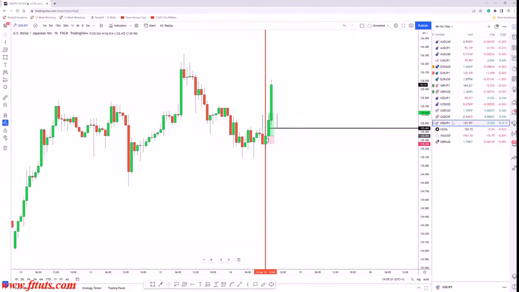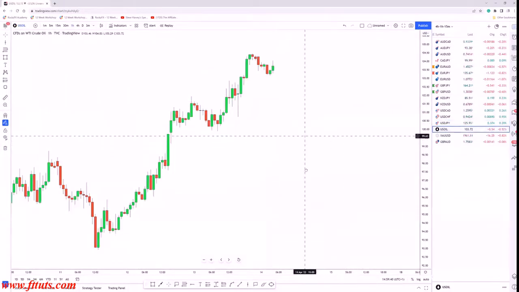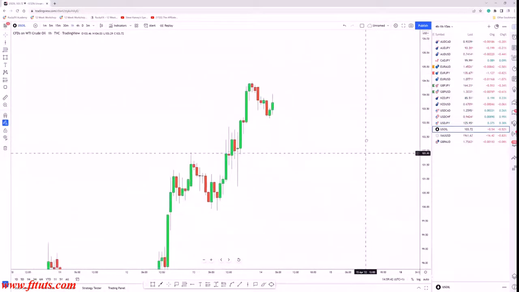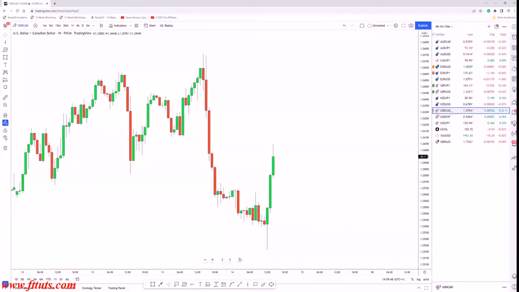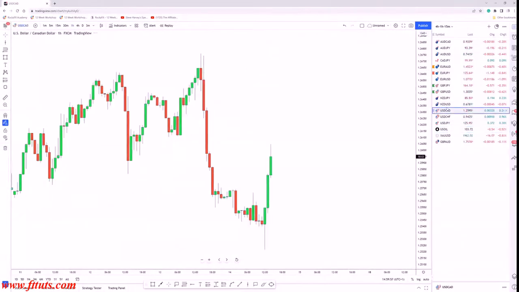I have a question. If I wanted to apply this on US oil, what pairs do I look at? Yeah, you've come to the wrong mentor. I honestly don't know. I think you'll be looking for the correlation, but this comes down to correlation and we're not doing correlation. But you will be looking at USD CAD. So if USD CAD goes up, oil goes down. If oil goes up, USD CAD goes down.